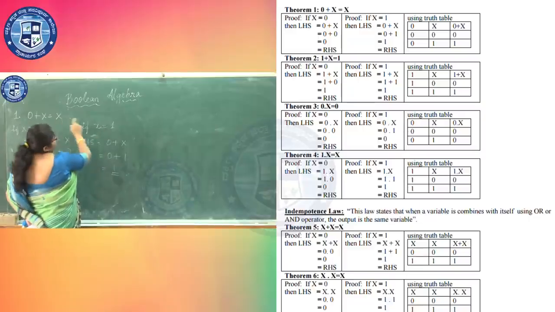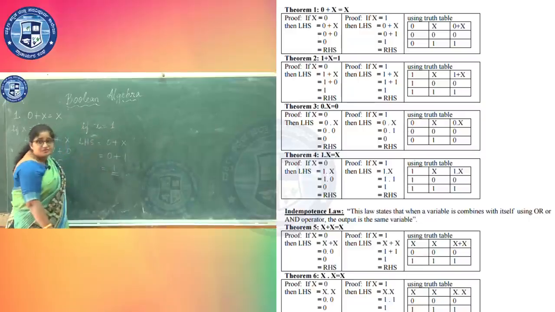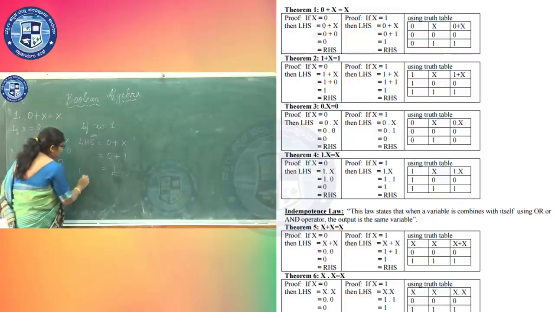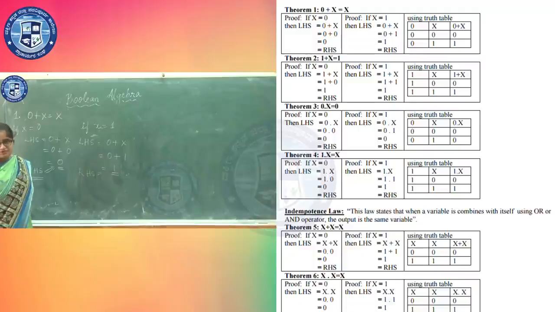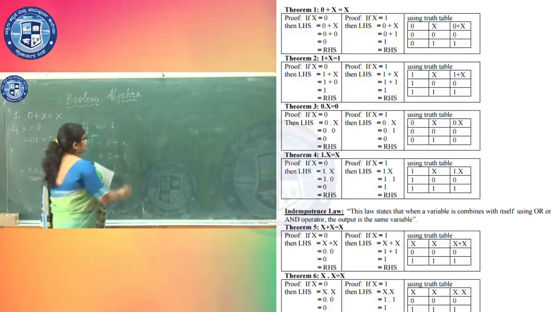What is the value of x now? 1. I got the answer to be 1 only, which is equal to the RHS, and that is proved. This is how we prove, and this type of proving a theorem is called proof by perfect induction. Next, we shall go to the second theorem.